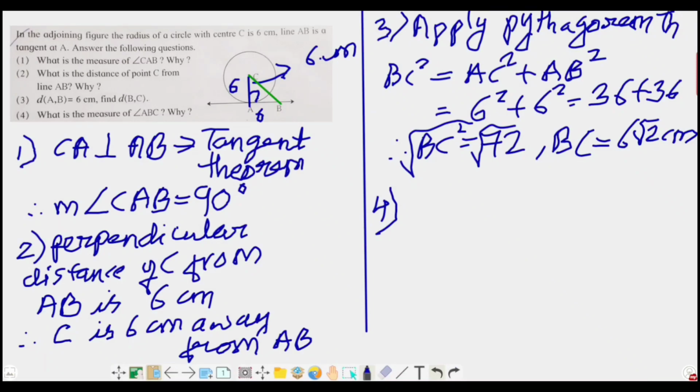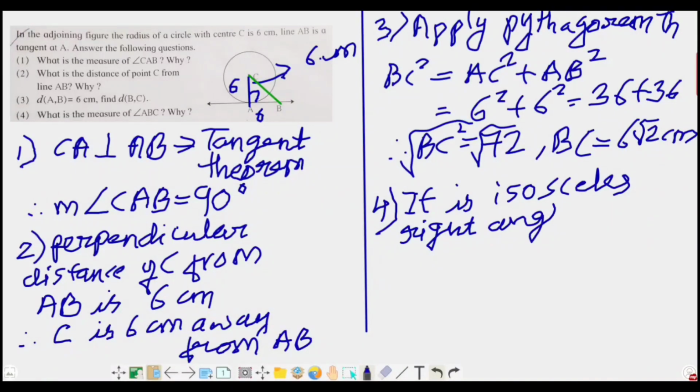Now what is asked in the fourth part? What is the measure of angle ABC? Now since AB and AC is same, it is a which kind of triangle? Identify the type. It is isosceles right angle triangle. What is the another name for this type of triangle?